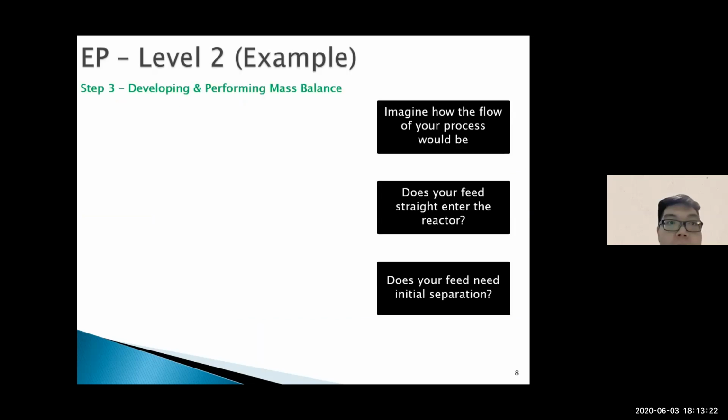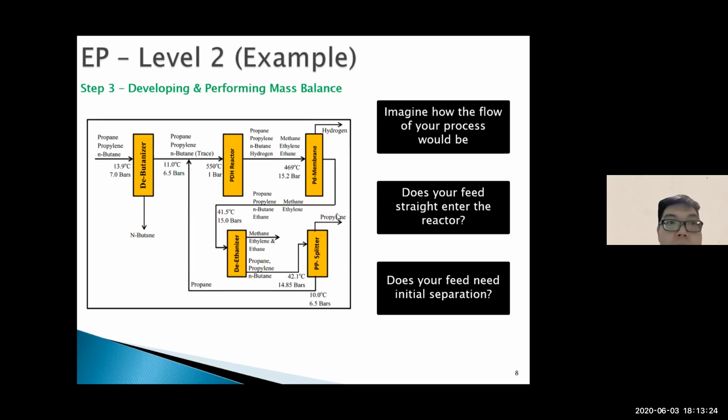So for this example, I have the propane dehydrogenation reactor in the middle, whereby before that there is a column to separate butane.